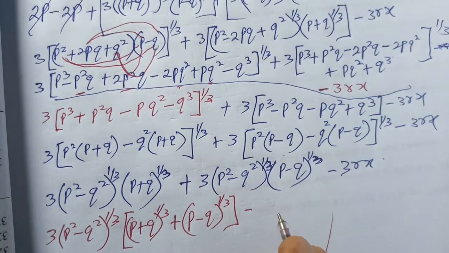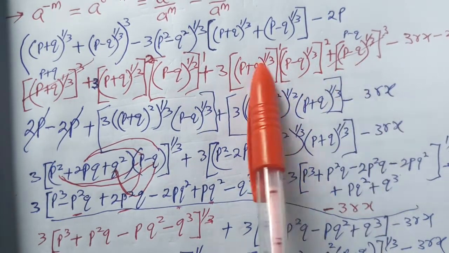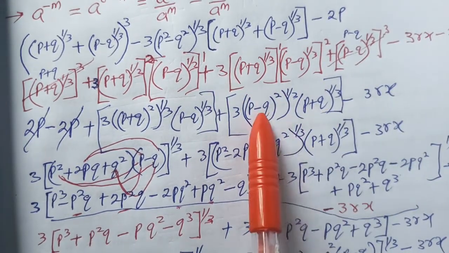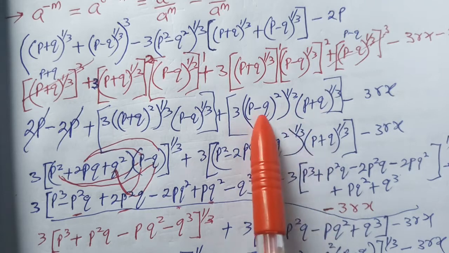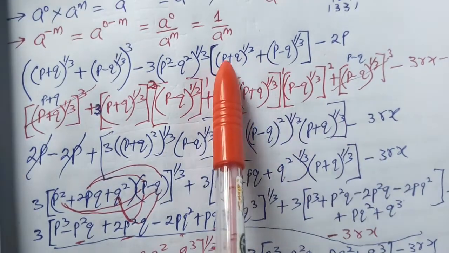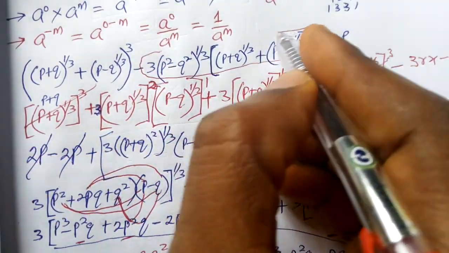Minus, let's go back because of space, and write this thing out normally. Look at it here. We're going to write this one out and inspect.